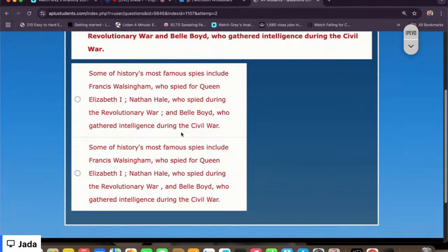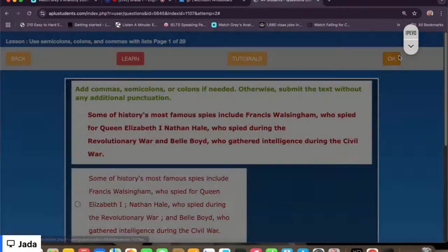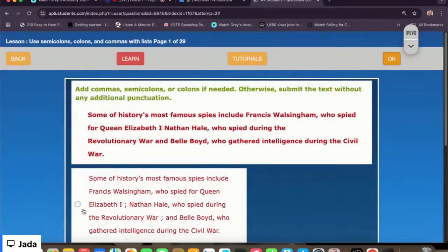So you need to add semicolons here because if you don't, it will be unclear with just commas. So you have to put semicolons in this series.